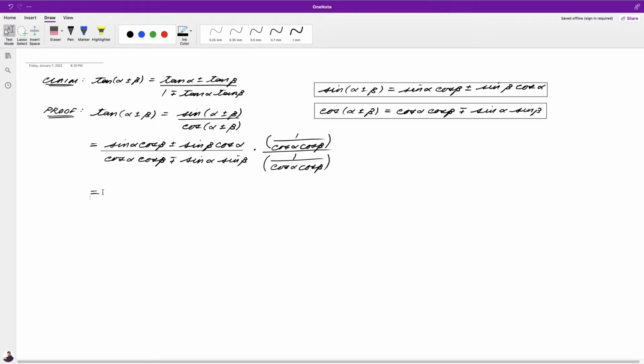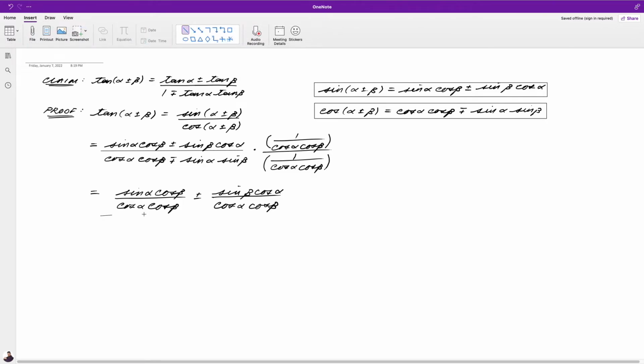Not so bad. So this is going to give us the sine of alpha times the cosine of beta over cosine alpha cosine beta plus or minus the sine of beta times the cosine of alpha over cosine alpha cosine beta.